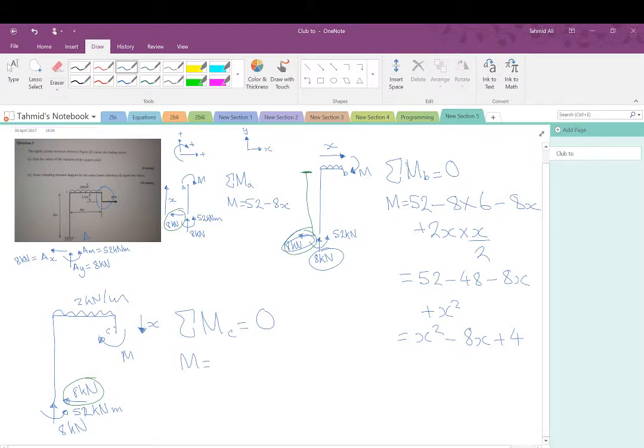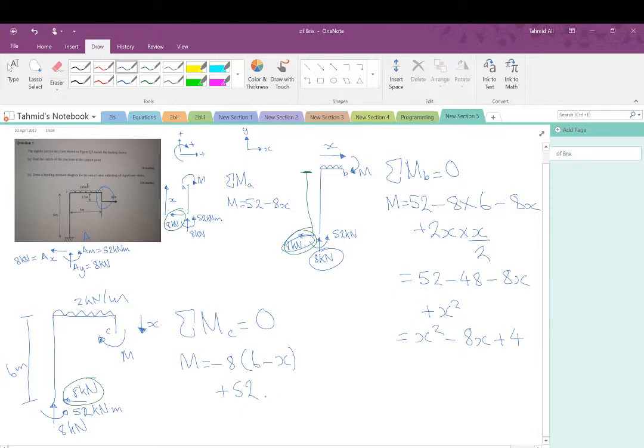That's the only slightly difficult one. So it's going to be minus 8 times 6 minus x. And that 52 kilonewtons, since it's anti-clockwise, like I said before, it's going to be positive here. 52.